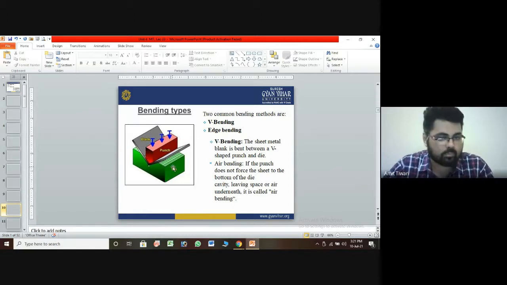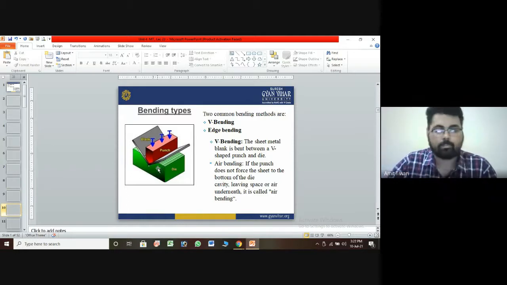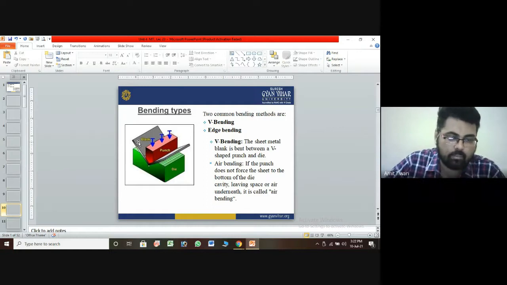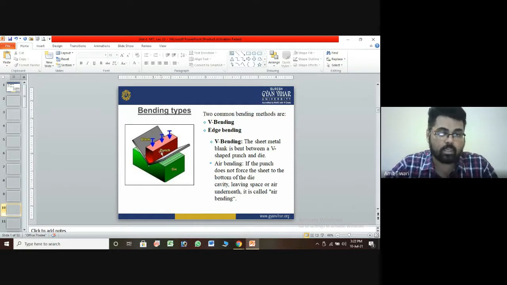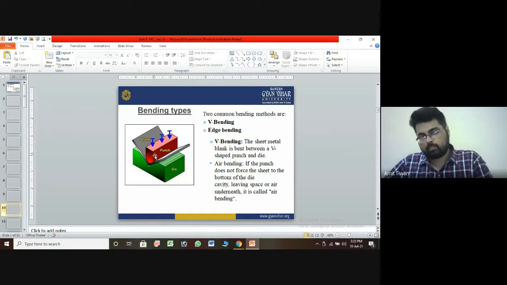Then you put the sheet plate on the surface of the die and apply the punch with high force. Then you will find that this V shape is fabricated. The rest of the material you remove with a cutter.